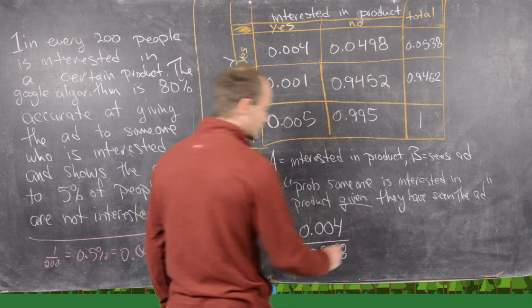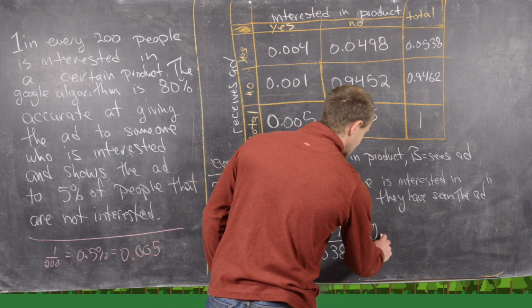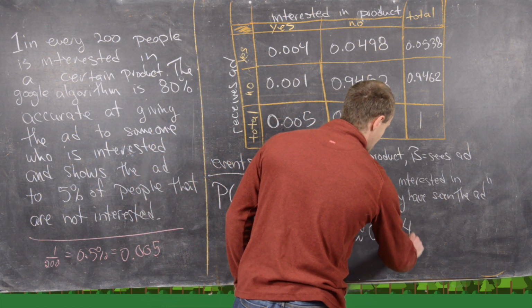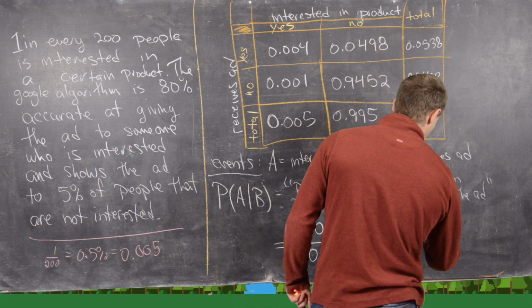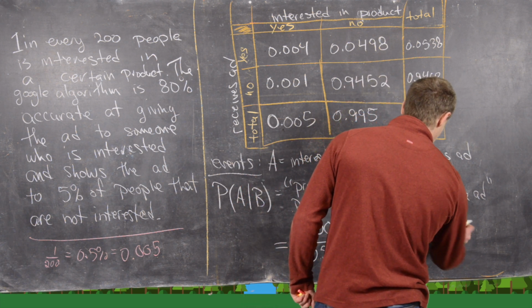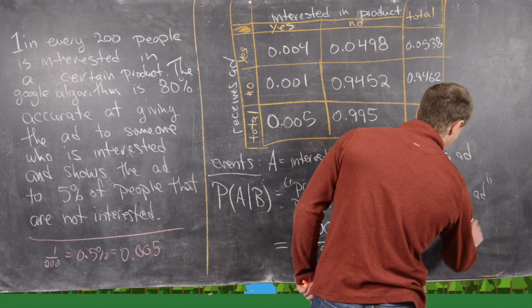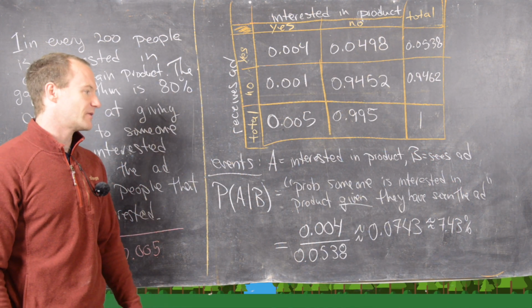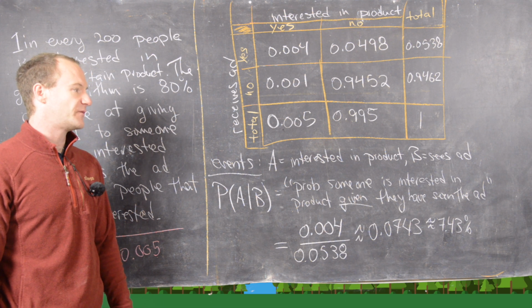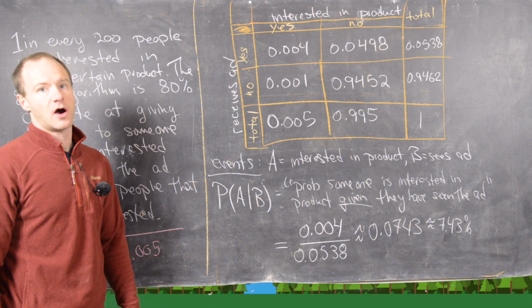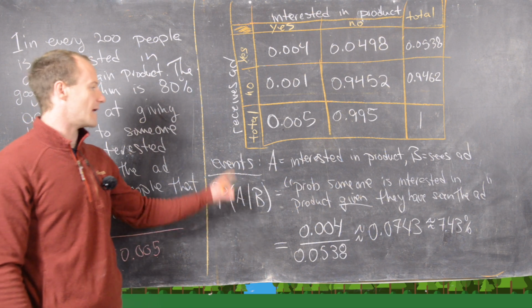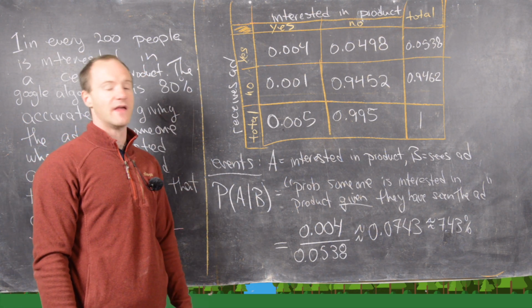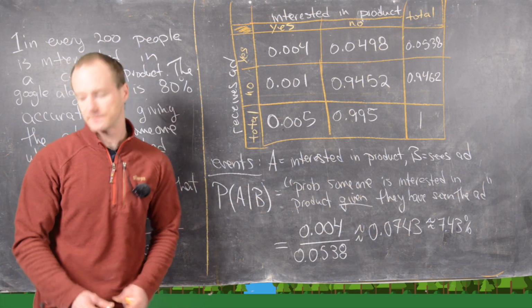Okay, great. So I'll just say this is approximately equal to 0.0743, which is, again, approximately equal to 7.43%. So that means 7.43% of people that have seen the ad are interested in the product. Okay, I'll erase this part of the board and then we will do another example.